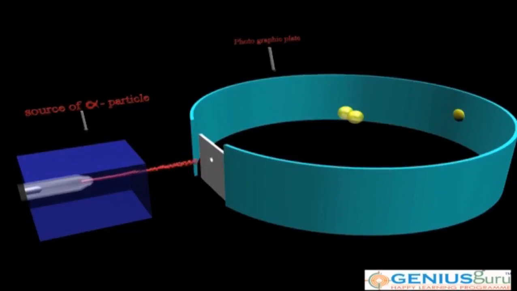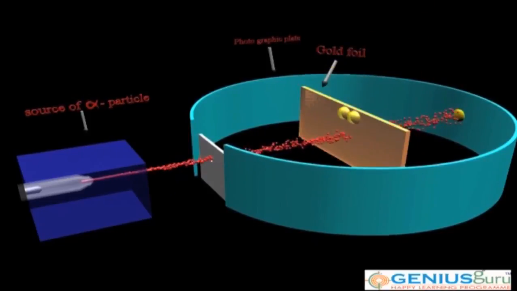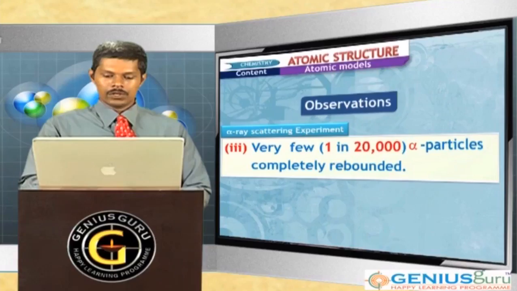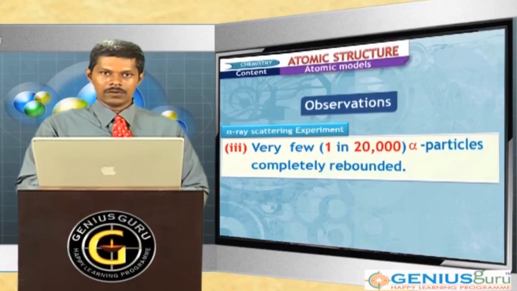Another observation is, a few particles were deflected through small angles and a few were deflected through large angles. And another observation is, very few, that means 1 in 20,000 particles, were completely rebounded. So these are the three aspects which we can observe in the alpha ray scattering experiment.